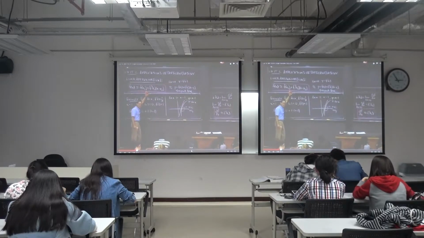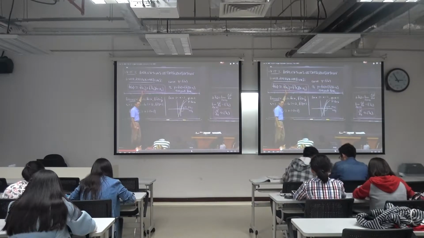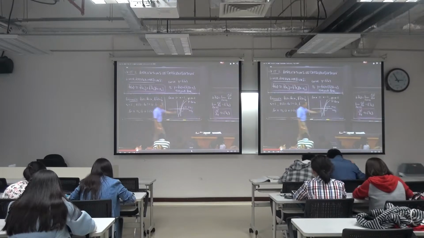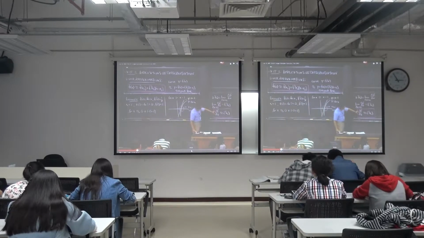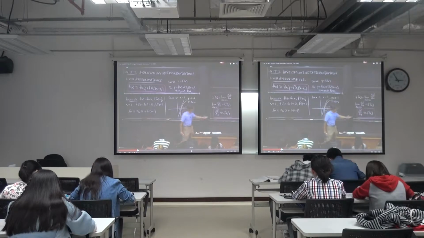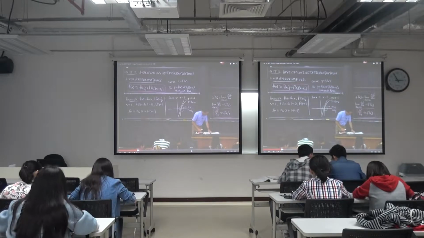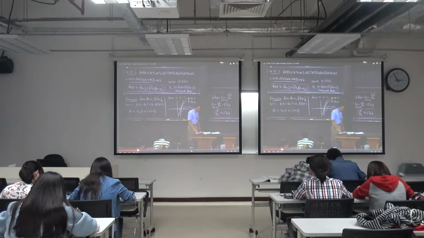So this approximation formula here is the same as this one. This is an average rate of change, and this is an infinitesimal rate of change, and they're nearly the same. That's the claim. So you'll have various exercises in which this approximation is the useful one to use, and I will, as I said, be illustrating this a little bit today.